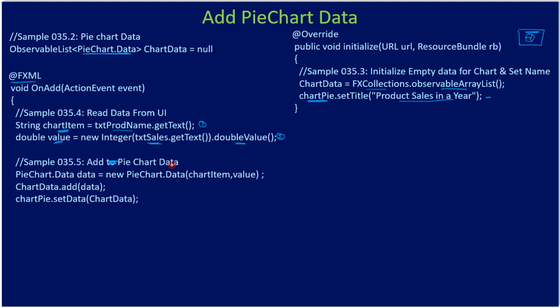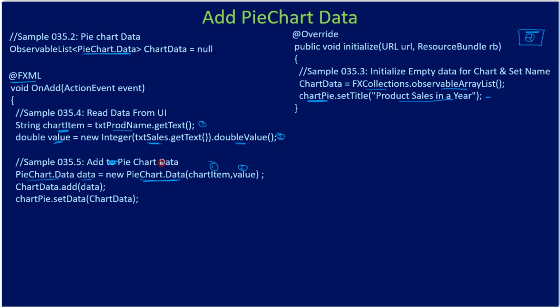Here we construct the PieChart.Data and we add it to the chart. So PieChart.Data equal to new PieChart.Data, and if you see we are passing the chart item and value, constructing the PieChart.Data.